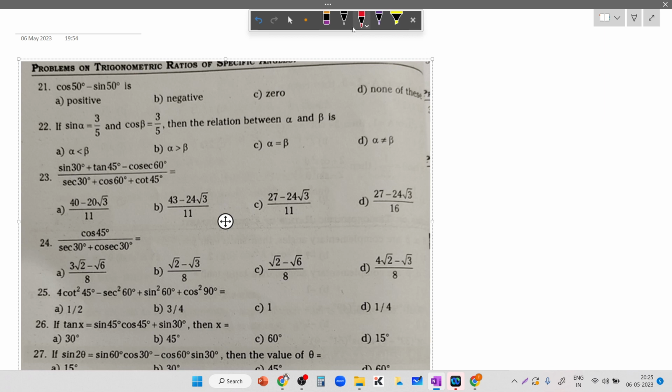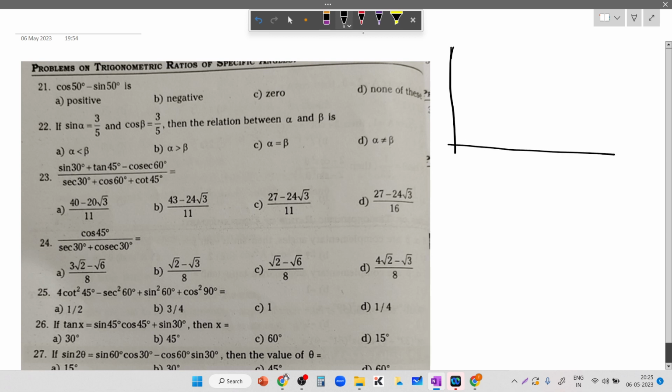Let me draw the graph of sin theta first. Zero, let me take 30, 45, 60 and 90. Sin, let me take this as 1 by 2 and this as 1.